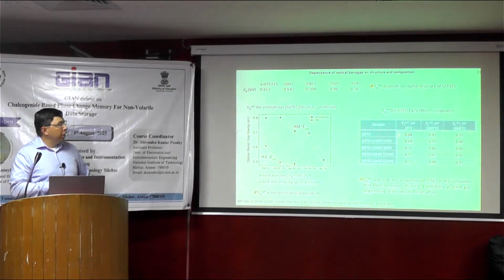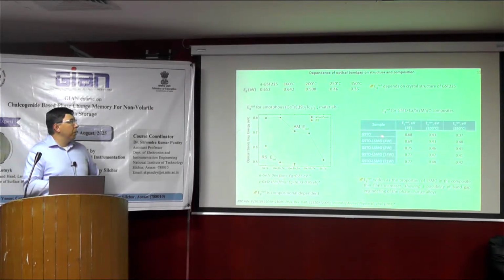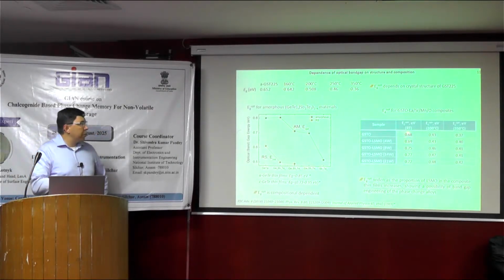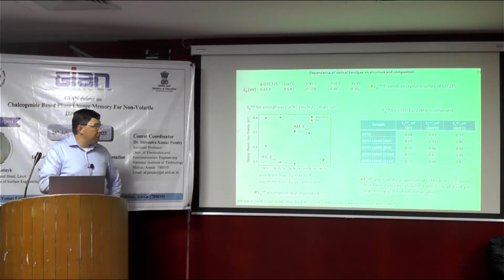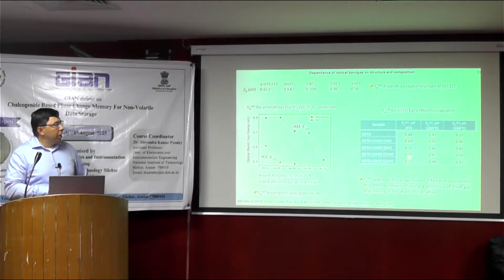In the undoped state it's 0.68, similar to GST225. If we increase the doping, this is a low level, this is a higher level, we can increase the value of the band gap up to 0.77 eV, and this also holds for the crystalline phases.